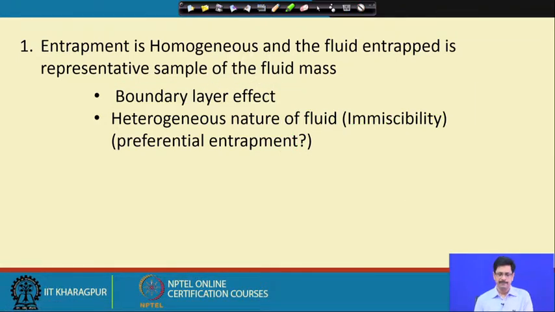And the other assumption that we have made is that the fluid at the time of its entrapment is homogeneous. So, the other possibility is that the situation might deviate, although, as we will see, in the majority of cases the assumption is very valid.